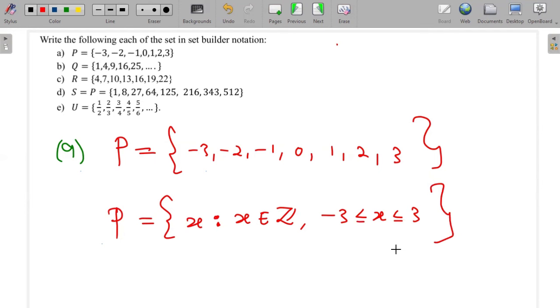We have fully described that now in set builder notation. Simply, set P is the set of all x such that x is an integer and x is between the integers -3 and +3. All right, as simple as that. If you have a question, you can ask. If you don't, we'll move to B.